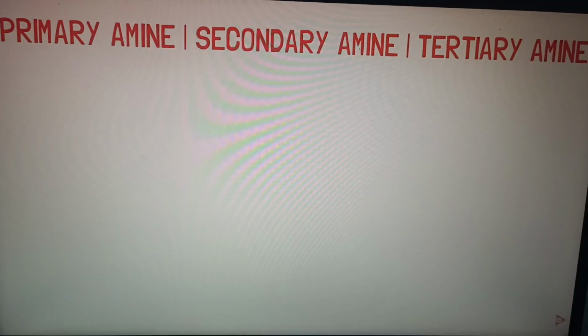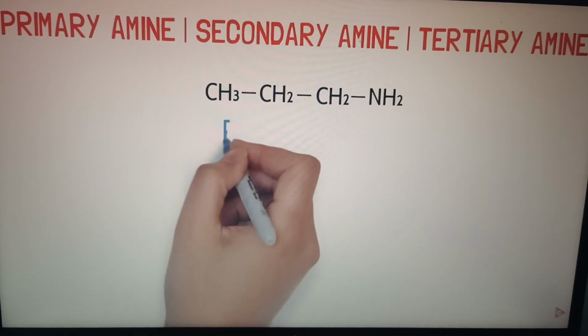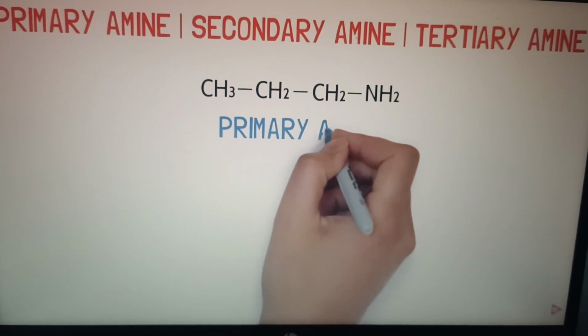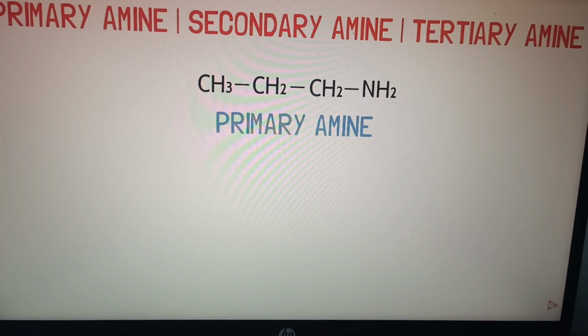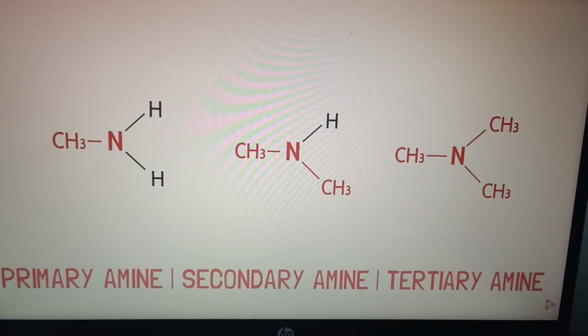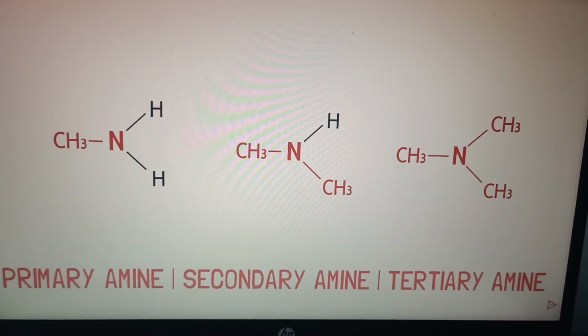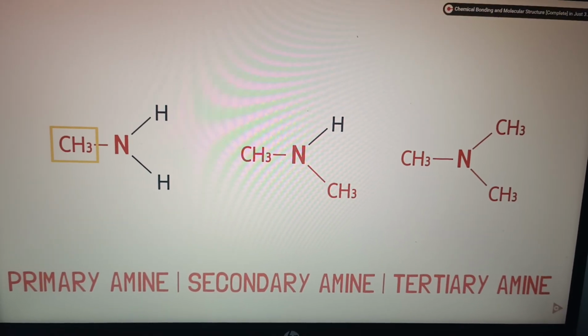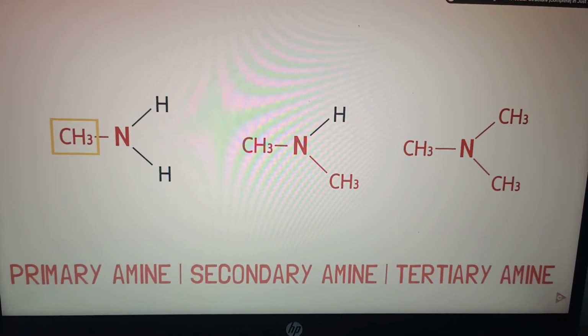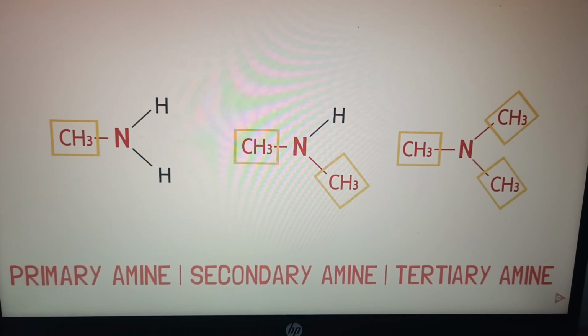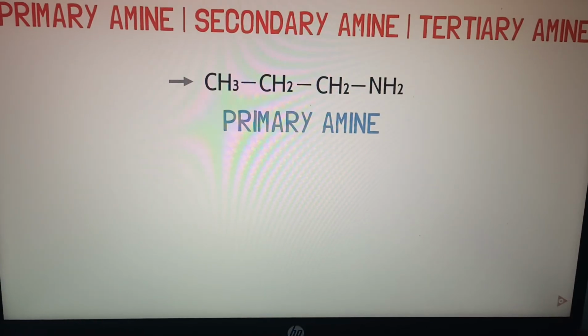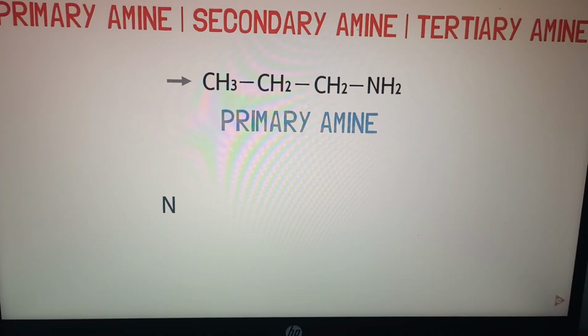Let's talk about the primary, secondary and tertiary amine. So we draw the simple primary amine. We know that the primary amine has one carbon chain, the secondary amine has two carbon chains, and the tertiary amine has three carbon chains. Now let's make the secondary amine out of it.